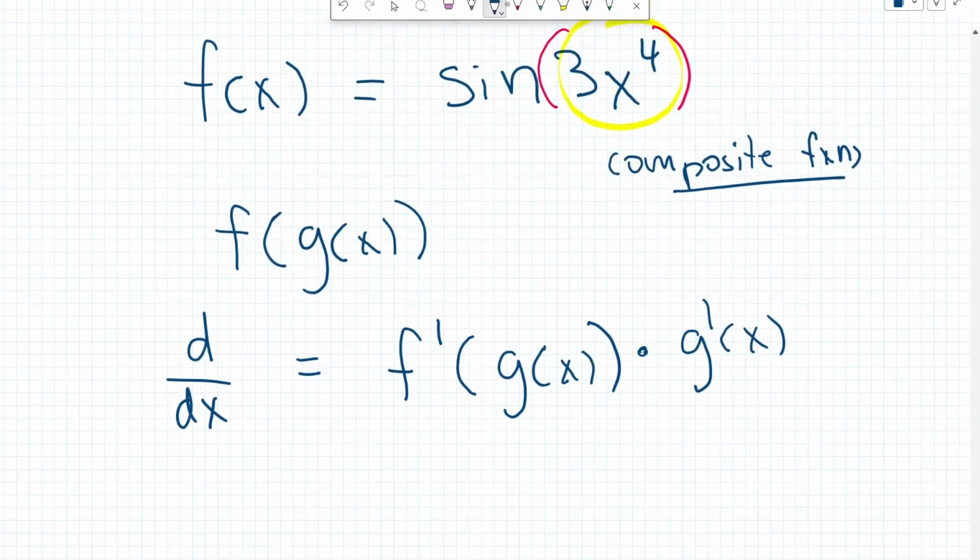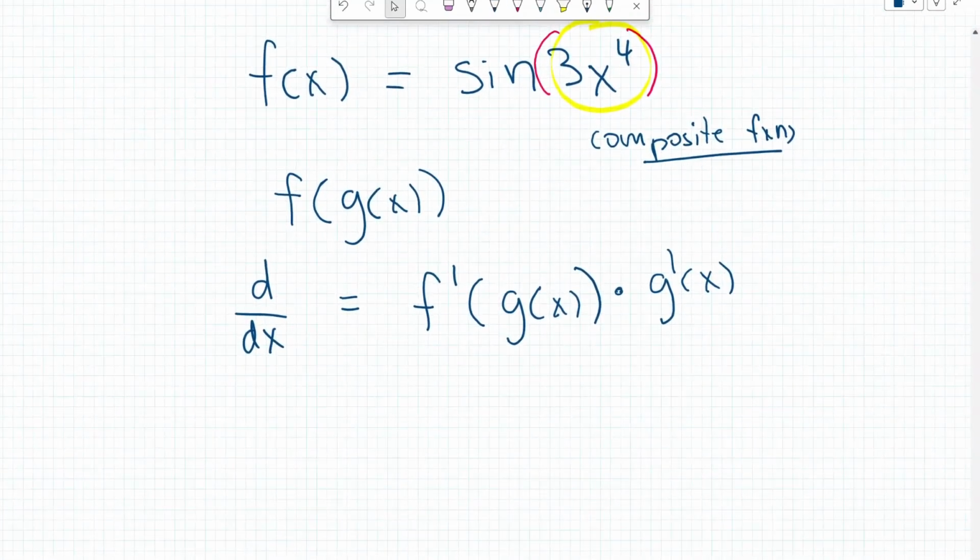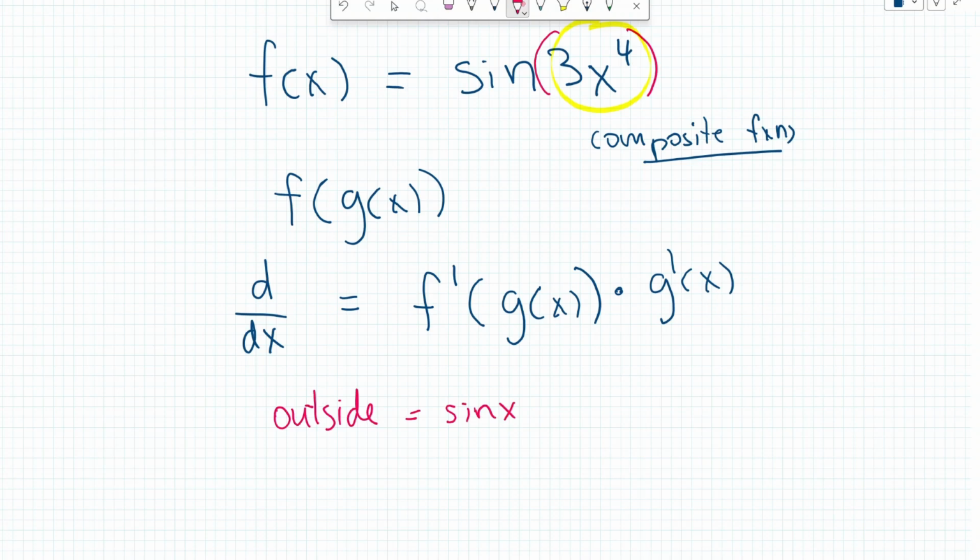So in our example here, the outside function equals sine x. Let's write that down. So our outside equals sine x. And what about our inside? Our inside function equals (3x)^4.